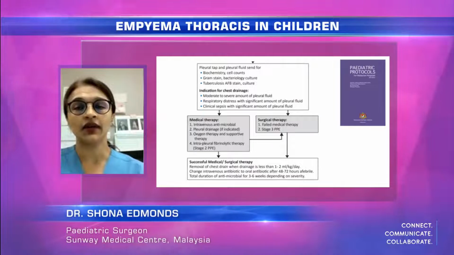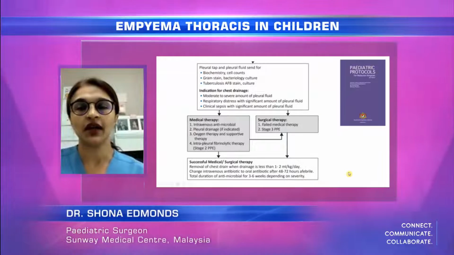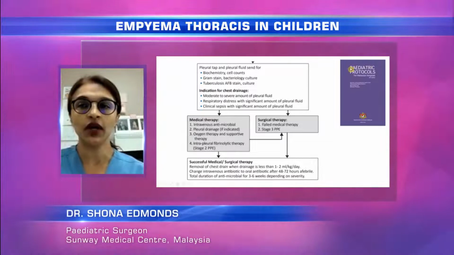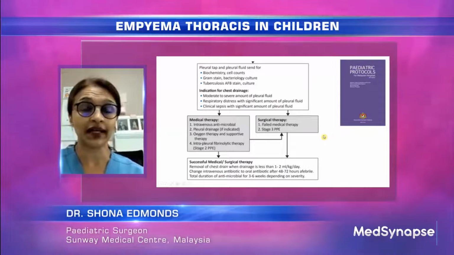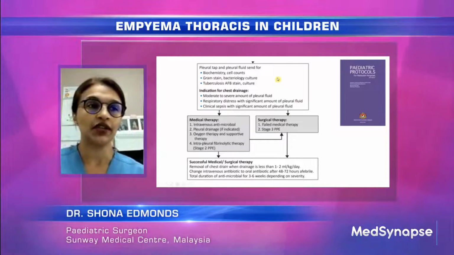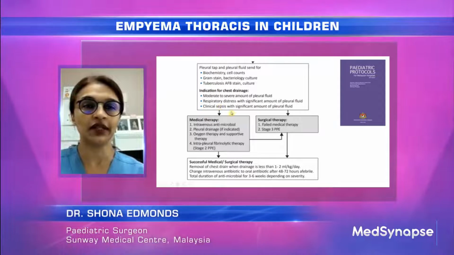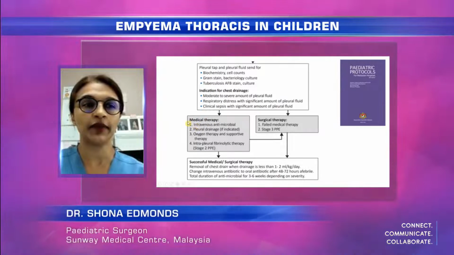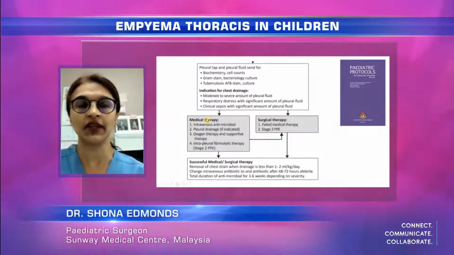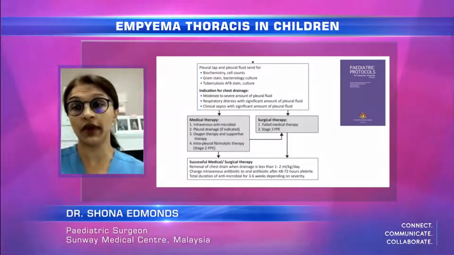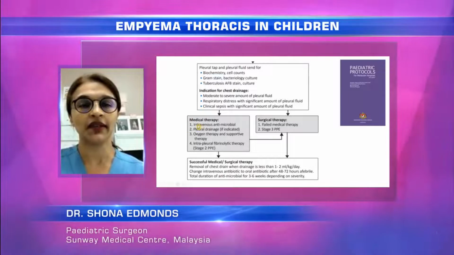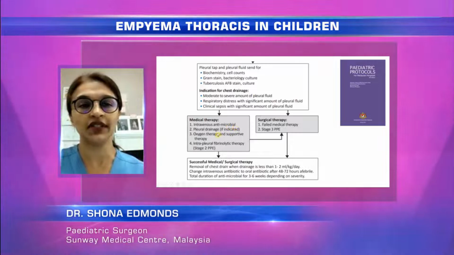Right. Now, this is just part of a flow chart that I wanted to share here with you from our pediatric protocol guideline. Now, as mentioned, the pediatricians are the gatekeepers. They would have initiated medical therapy once they realize that they're dealing with both a pneumonia with a parapneumonic effusion by starting antimicrobials, antibiotics.